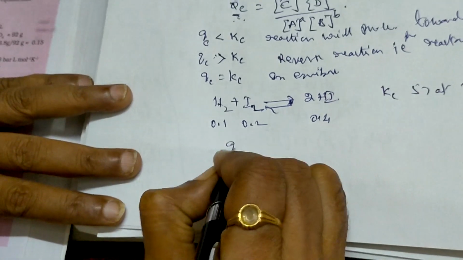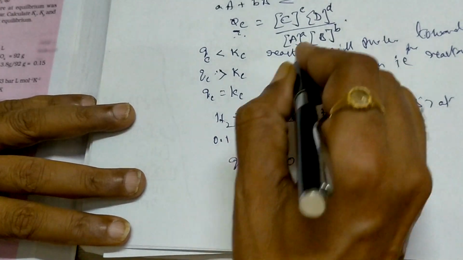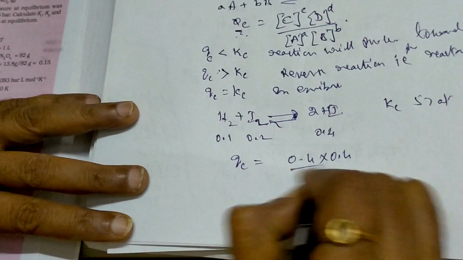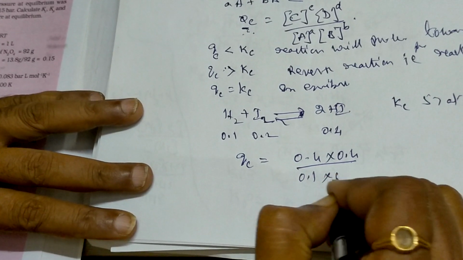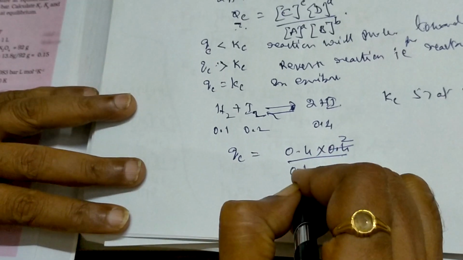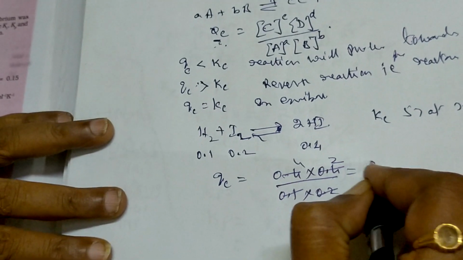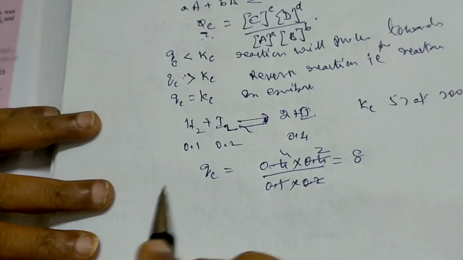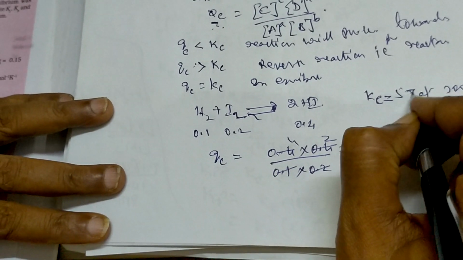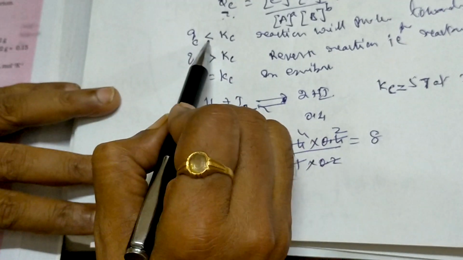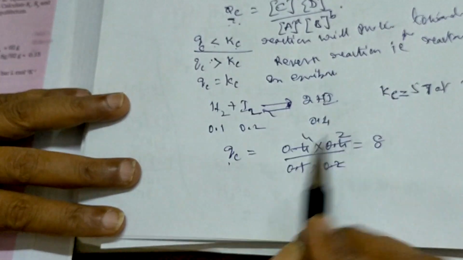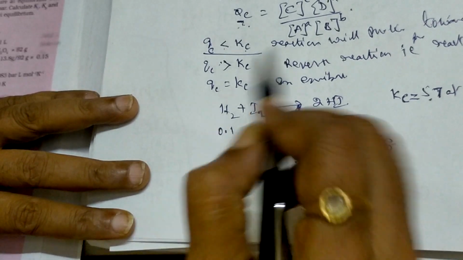What will be the theoretical Qc? Qc equals 0.4 into 0.4, because of 2HI, HI squared, by 0.1 into 0.2. That is 0.16 by 0.02, which is 8. That means Qc is 8, whereas Kc is already given as 57. That means it has not reached equilibrium. Qc is less than Kc, the first condition. So the reaction will proceed further towards products till Kc is 57.